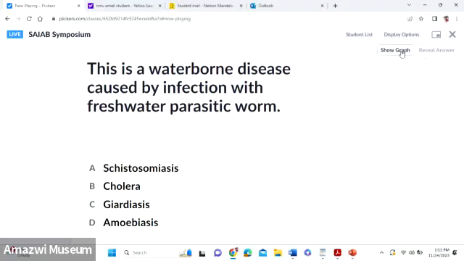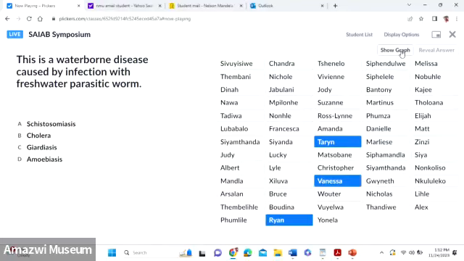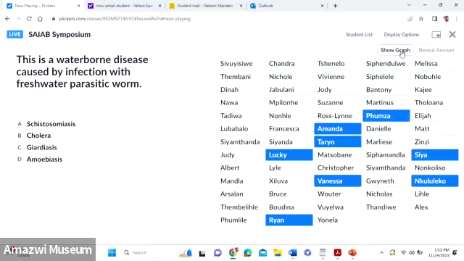Third question, this is a waterborne disease caused by infection with a freshwater parasitic worm. A, schistosomiasis, B, cholera, C, that, and D, that.